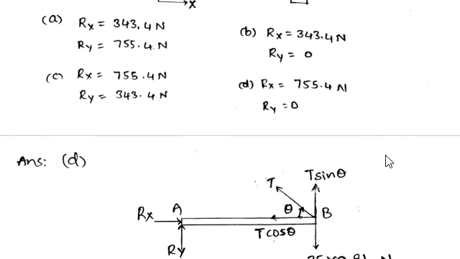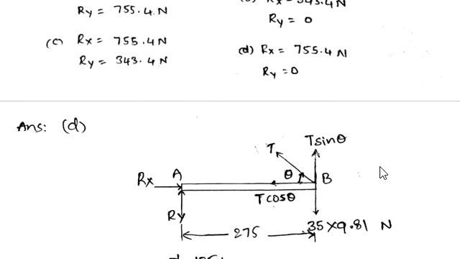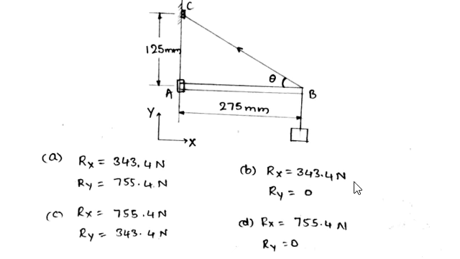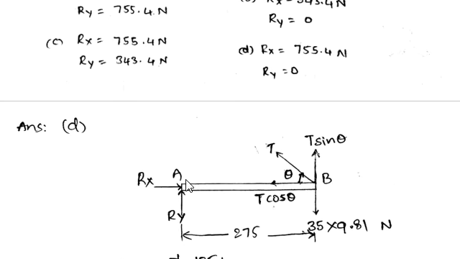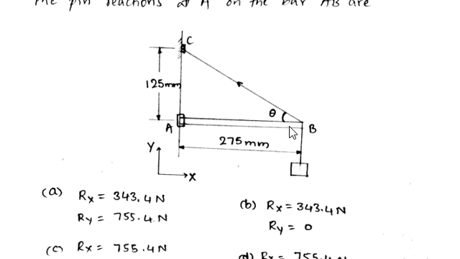And if you draw the free body diagram for this case, this is the bar AB, and because of this load you get some vertical reaction at A, that is Ry. Because of the cable tension, you will get a horizontal force towards left and a vertical force upwards.